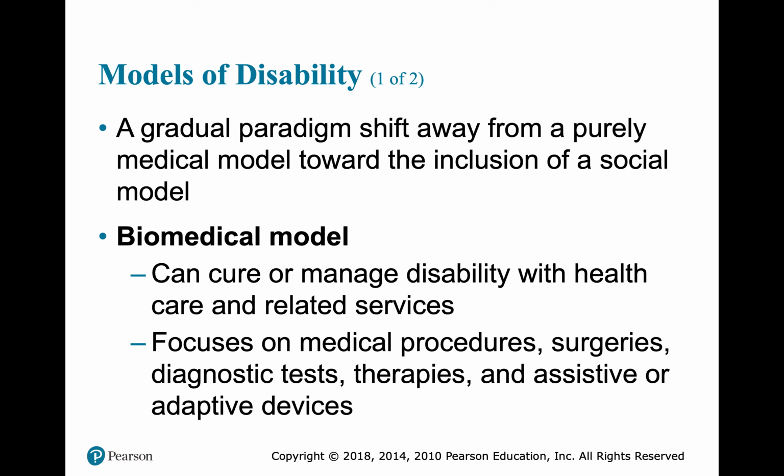But overall, with the biomedical model, there's this idea that the individual can be cured, we can manage the disability, we can use healthcare related services, surgeries, procedures, diagnostic tests, adaptive devices, all these very medical procedures and medical jargon. That's what we think of with the biomedical model. There's pathology that can be cured, right?